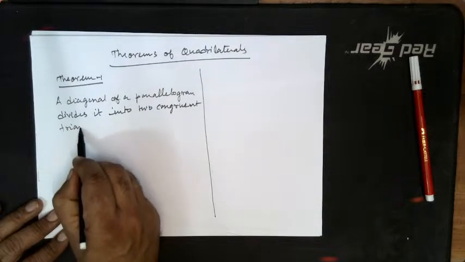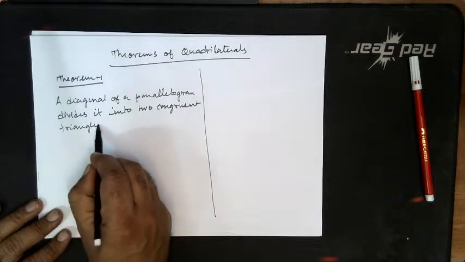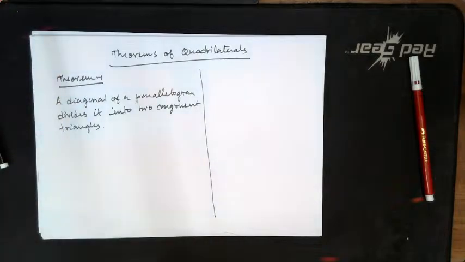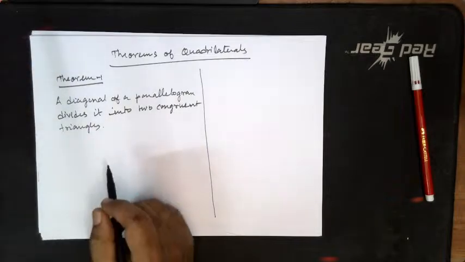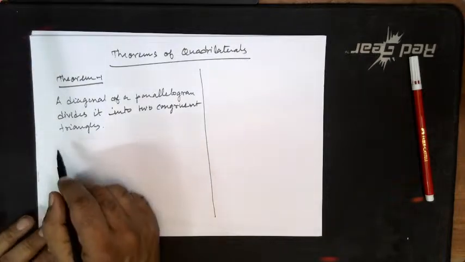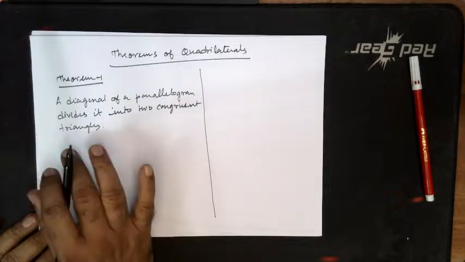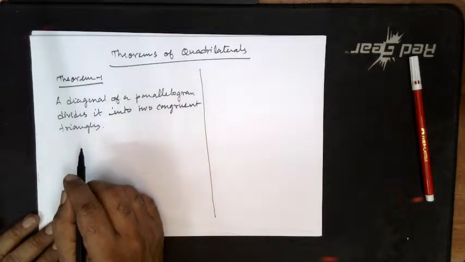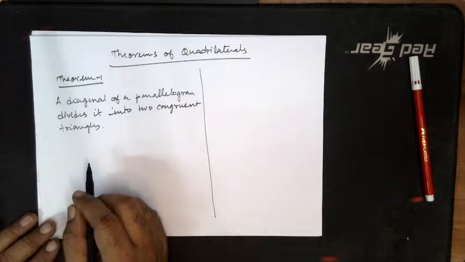What do you mean by congruent triangles? Yes, that is, angles are same, sides are also same. That is, when we consider two triangles, the corresponding angles are same, the corresponding sides are also equal.